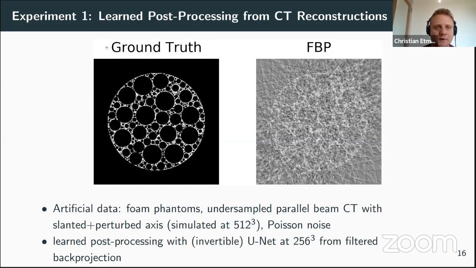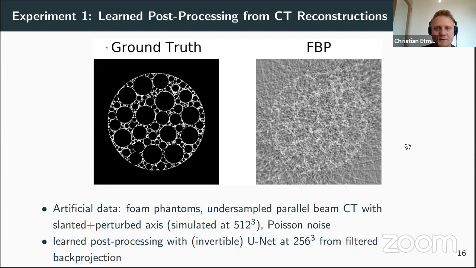So what's of course now interesting is whether this holds up for experiments. And for a learned post-processing task, I used these foam CT phantoms, which I believe were made by Daniel Pelt, who is maybe also present right now, or he was there yesterday at least.